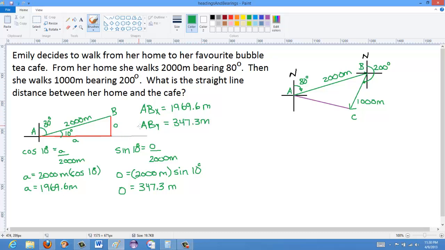It's positive because I'll consider going east to be positive and north to be positive. If it was going south, it would be negative, and west would also be negative.